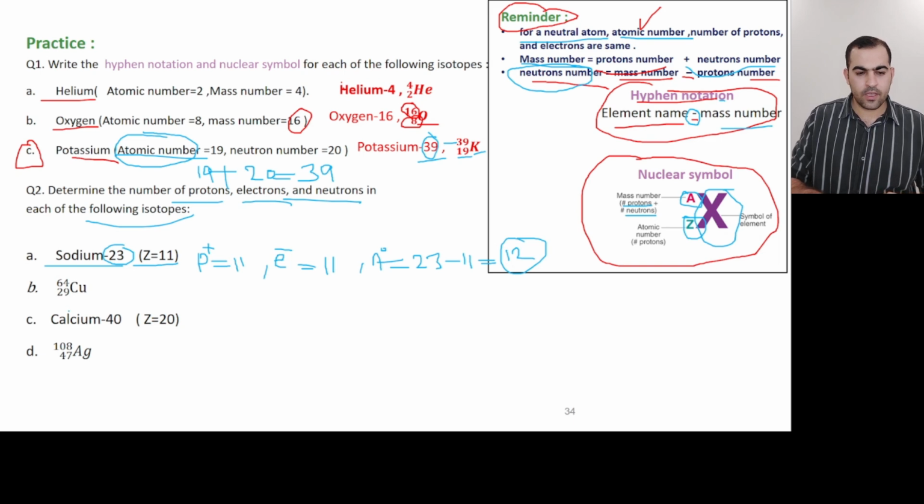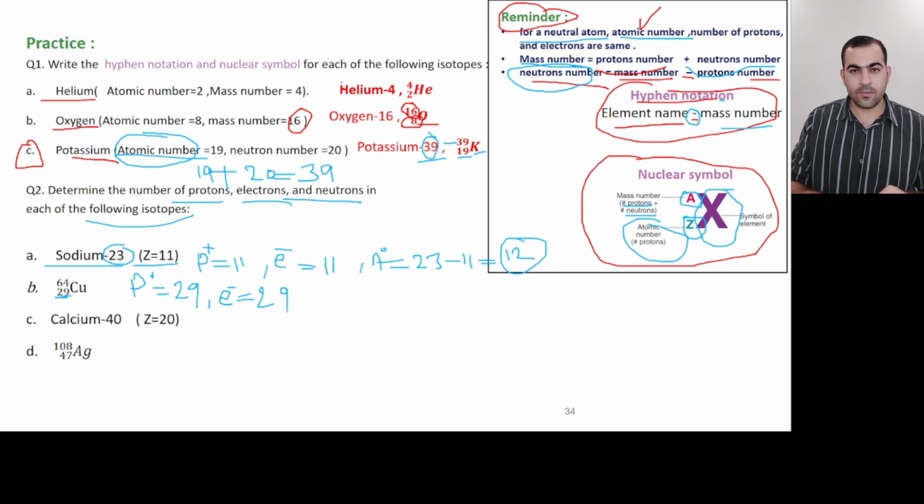Next, copper 64. The subscript is 29, which is the atomic number and the protons number. So protons number equals 29. Electrons number equals 29 too, because electrons number, protons number, and atomic number are the same.